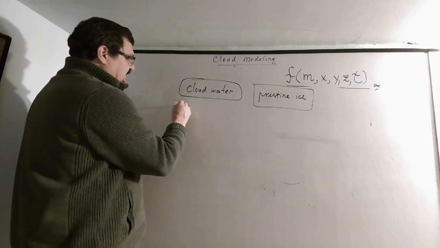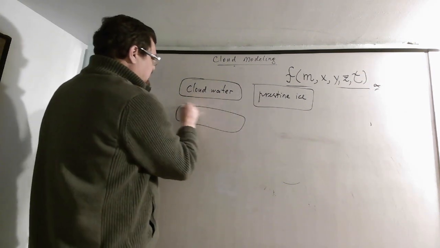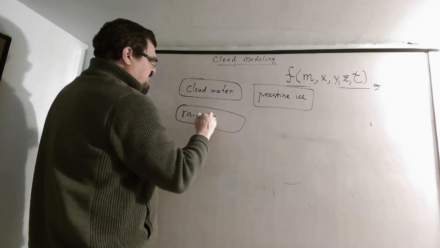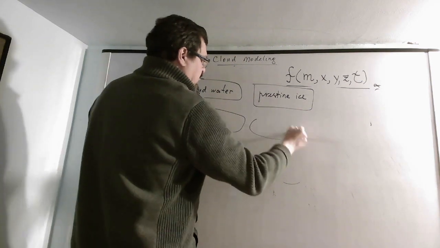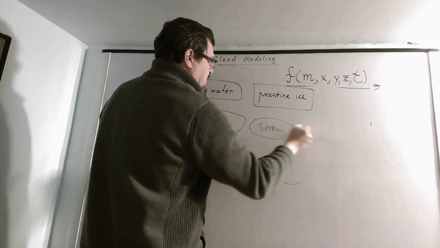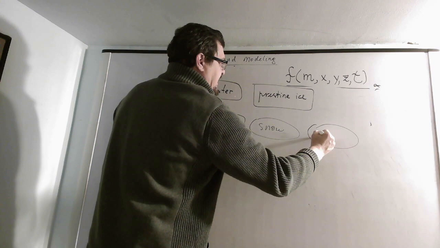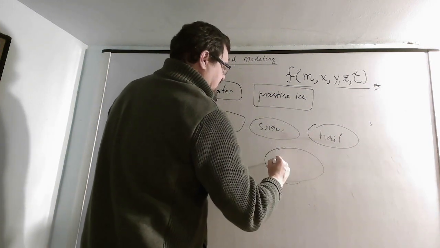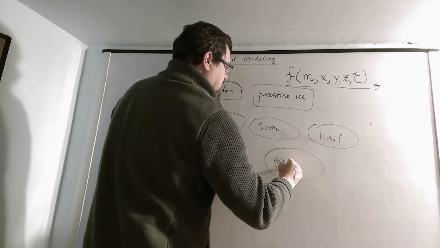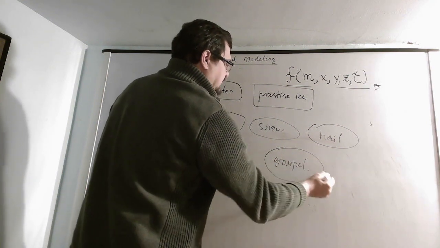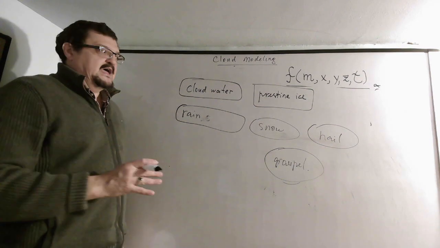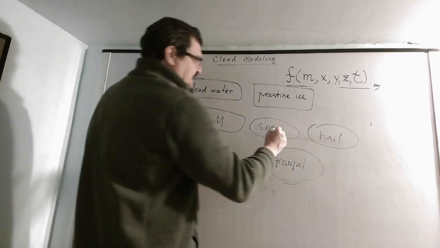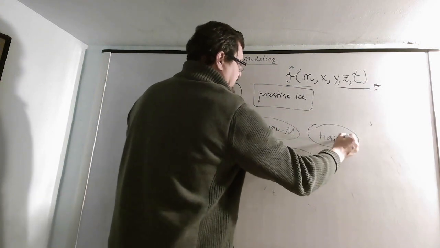But then you separately compute rainwater or snow, it can be hail, it can be graupel, etc. And you predict separately, say, the total mass of those particles.